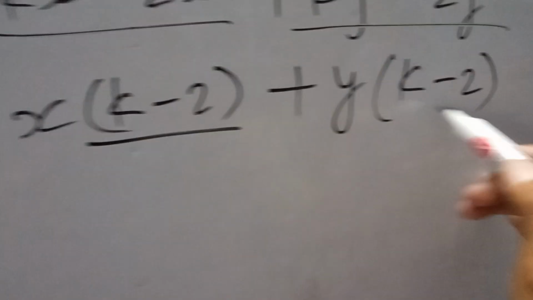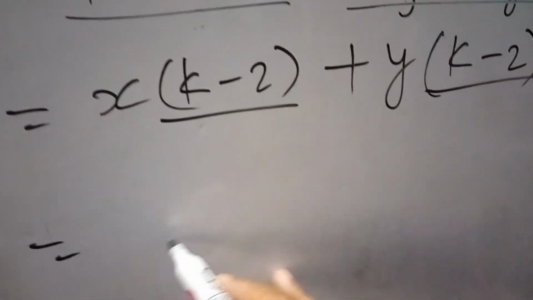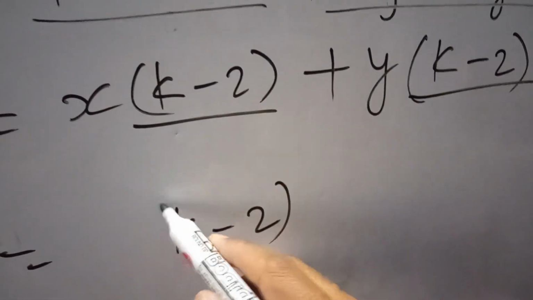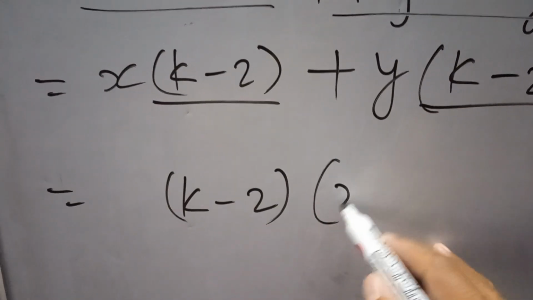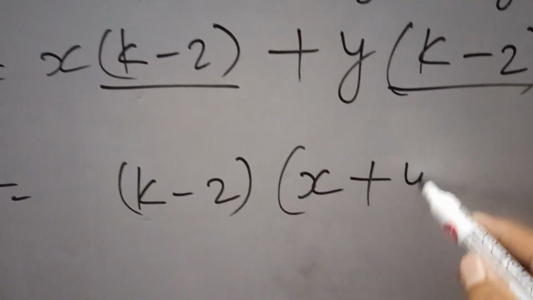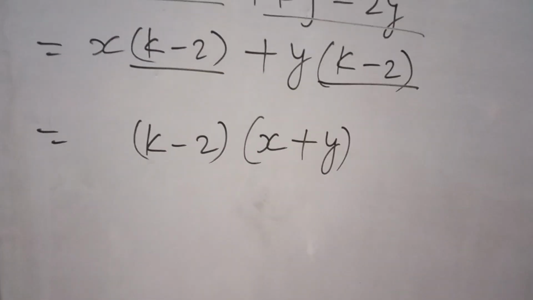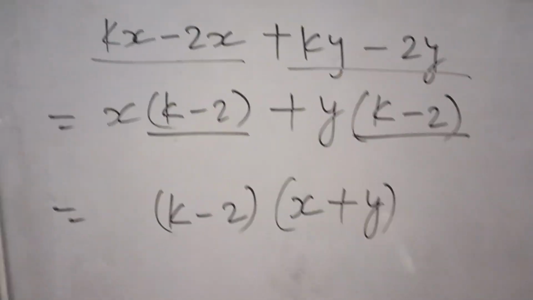So k minus 2 is another common factor. For the first term we have x left, and from the second term we have y.